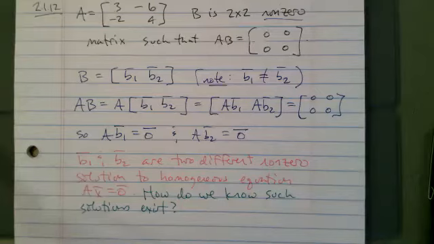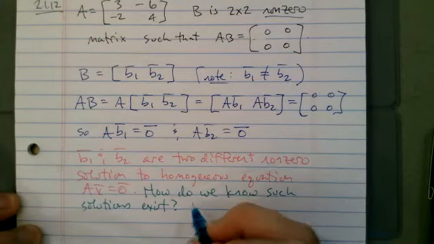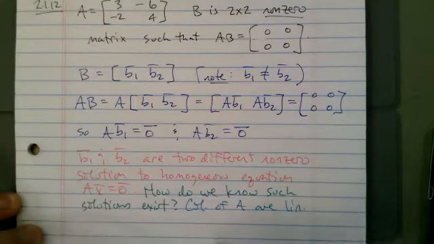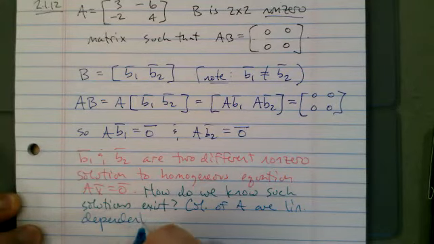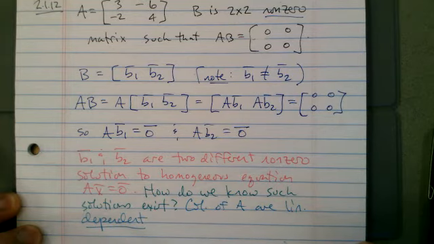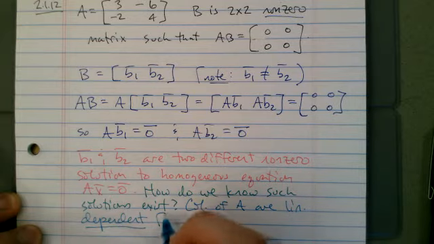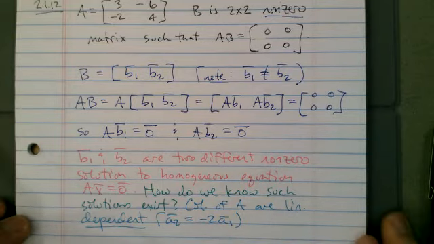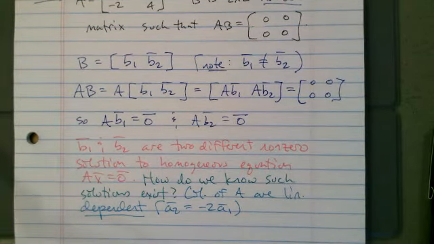And we can tell because A does not have a pivot in each column, and because the second column of A is just a multiple of the first column of A. We know this because there are only 2 columns, and the second one is a multiple of the first one. A2 is just -2 times A1.